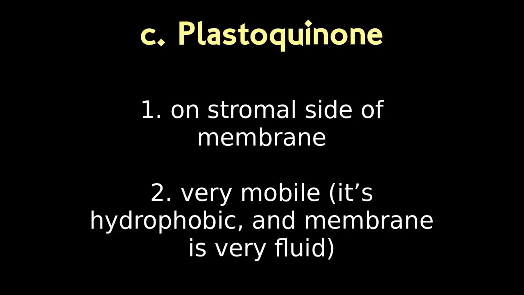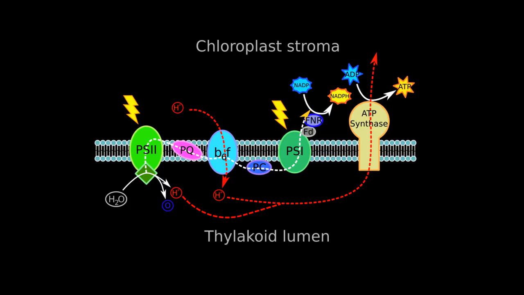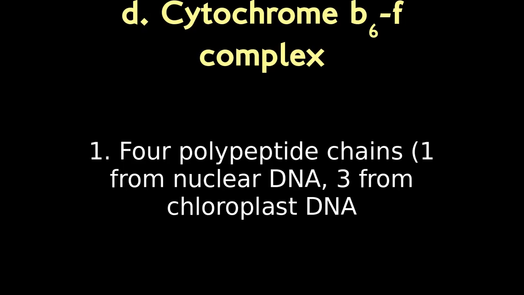So this passes an electron on to the cytochrome B6F complex. And this is similar to the mitochondrial cytochrome BC1. So again, we're sitting right here. This has 4 polypeptide chains, 1 from nuclear DNA and 3 from the chloroplast DNA.